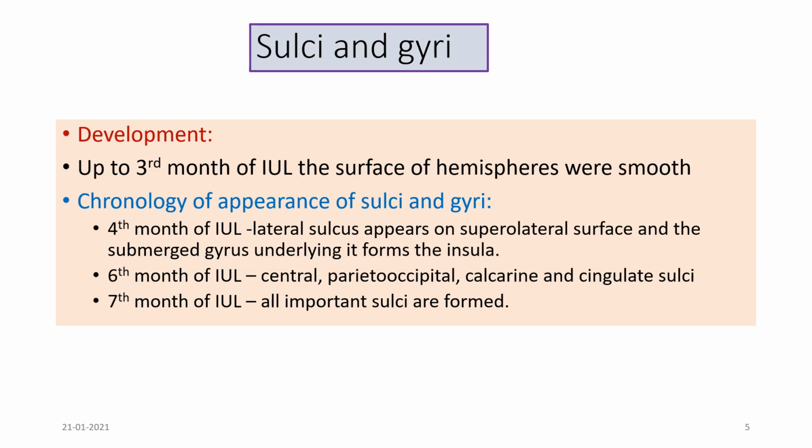So, up to the third month, the cerebral hemispheres are smooth. Then, starting from the fourth month, the lateral sulcus will appear, followed by the central, parieto-occipital, calcarine and cingulate sulci during the sixth month. And by about the seventh month, all important sulci will be formed.